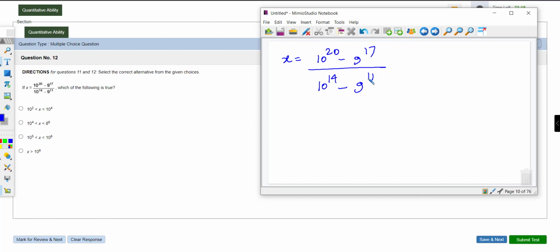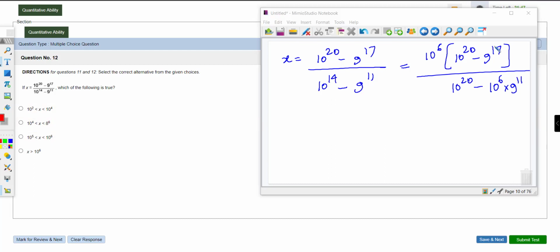So what I will do is multiply numerator and denominator by 10 to the power 6. Because of that, the denominator becomes 10 to the power 20 minus 10 to the power 6 into 9 to the power 11. Among these two terms, which term is greater?